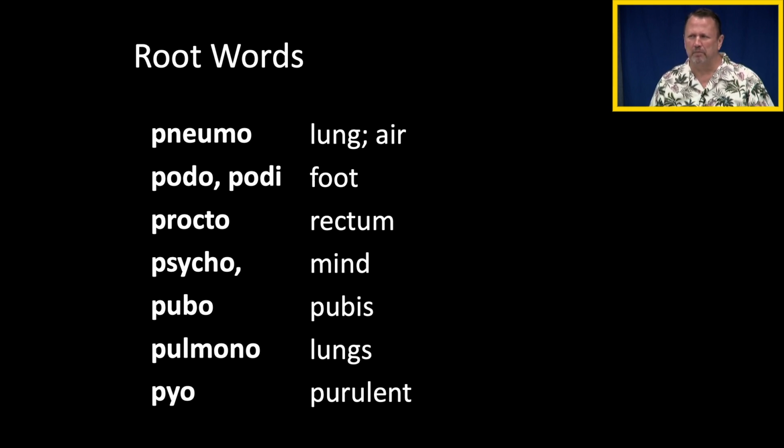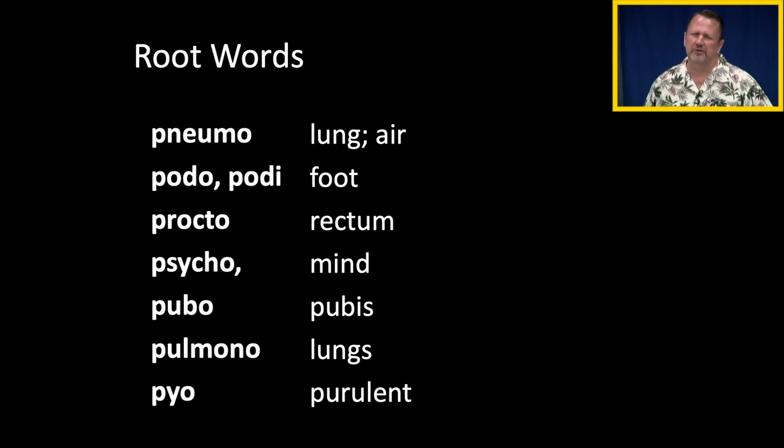We refer to pedi as a child in medicine, like pediatrics, but remember, a pedestrian is on foot, so occasionally that pedi word will refer to foot as well, so be careful. Maybe we should call them, rather than pedestrians, we should call them podestrians.